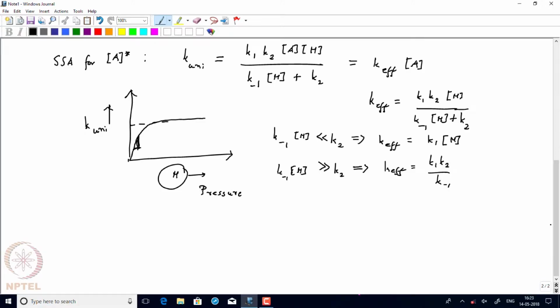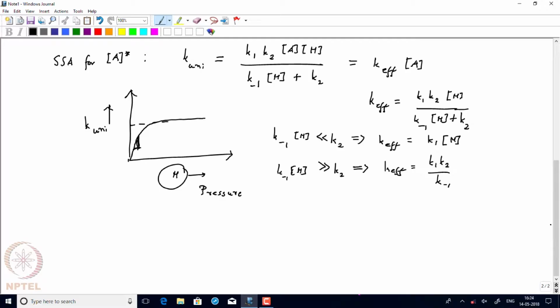Now, the physical significance here is that what the Lindemann hypothesis says is that for any unimolecular reaction, the activation is by collision. Activation is not by some thermal black body radiation from the surrounding, because that is not good enough to excite a molecule close to the dissociation limit, so that some bond breaks and some rearrangement happens, and then it gives rise to the product.